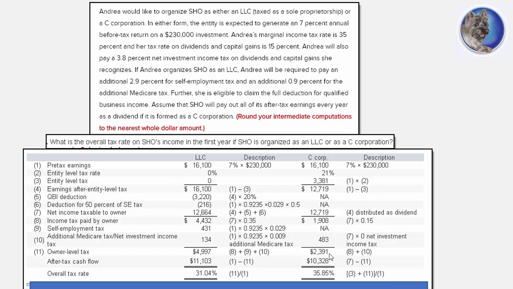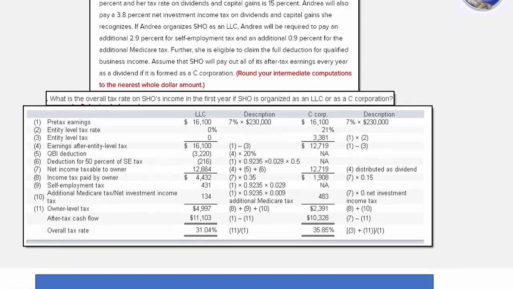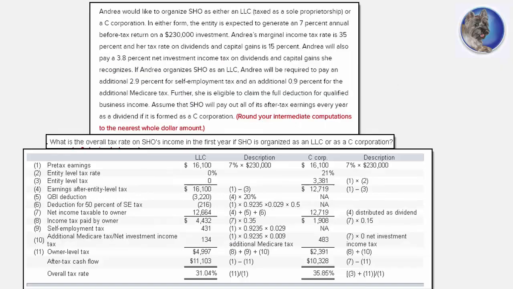So we're going to take item 3, the 3,381, and item 11, the 2,391, and then divide it by pre-tax earnings. In other words, you want to compare the total tax to pre-tax earnings, the LLC to the C Corp. And when we do that, we're able to solve this one in its entirety. Let me get that out of the way for you. Okay, and there you see how we tackle this one. Thank you.